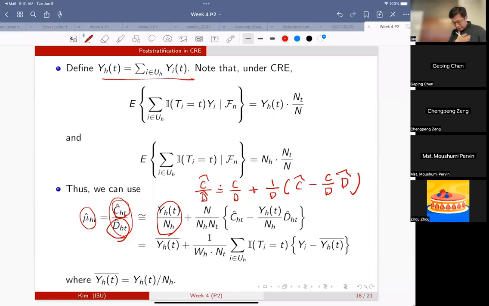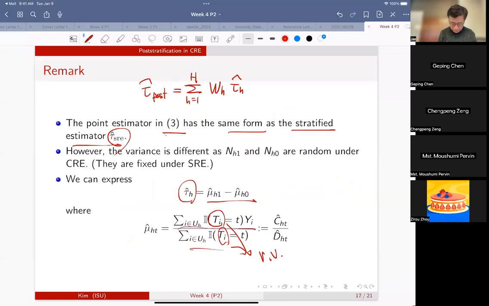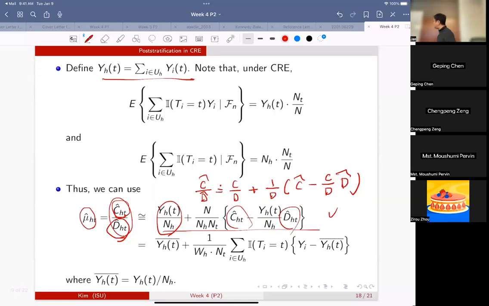Once you obtain this part, the next step is to recall the definition of what C hat and D hat are, and then write it again. C hat and D hat are defined here. You just bring back the definition, and at the end of the day you can write this. So the only thing random is here.